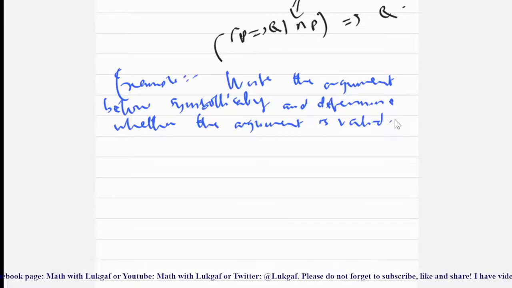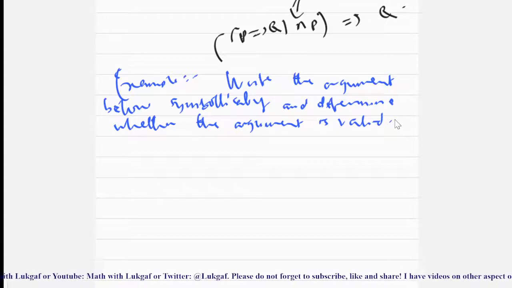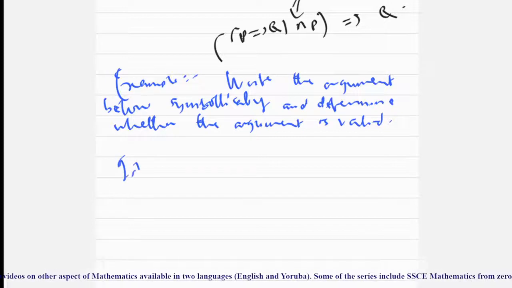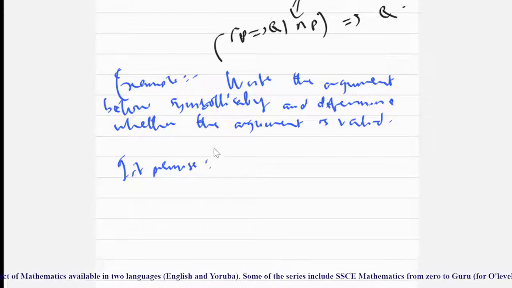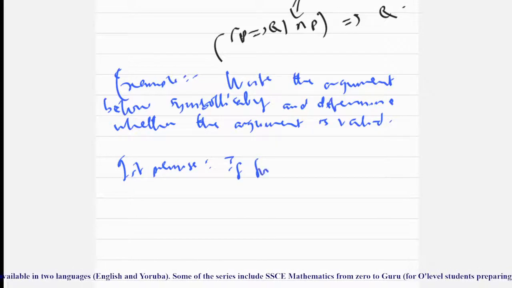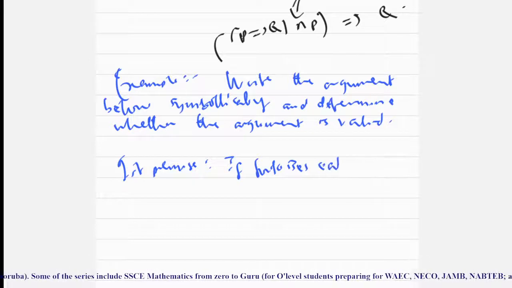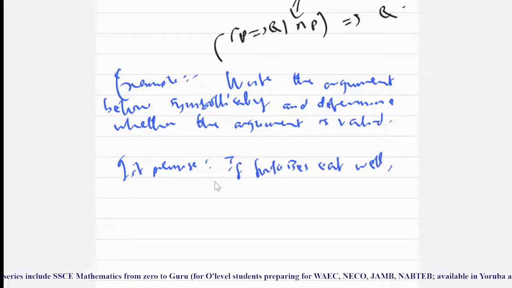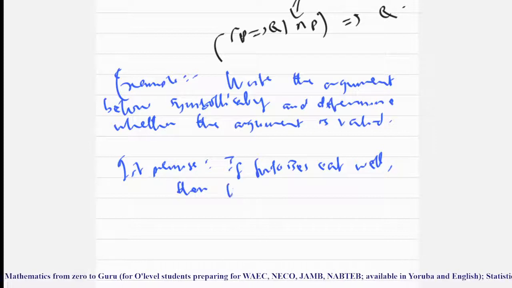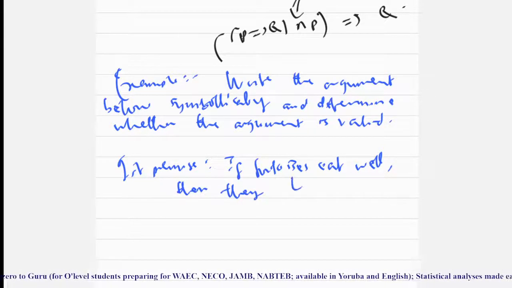That is when you take the conjunction of your propositions, of your premises, of your hypotheses, and you assume they imply your conclusion. If you have a tautology, then you will say it is valid. Let me give you an example. The first premise says, if tortoises eat well, then they live long.